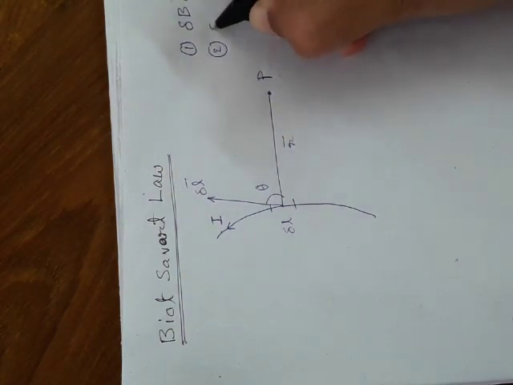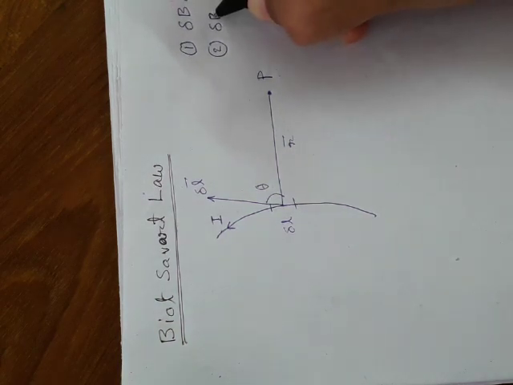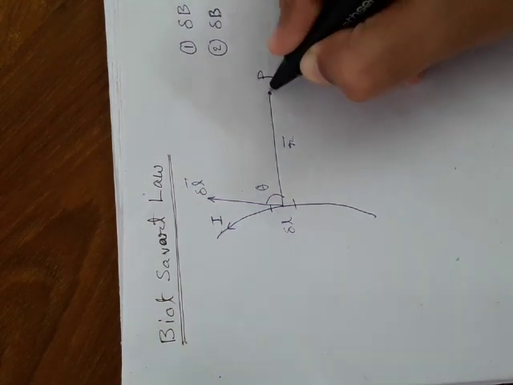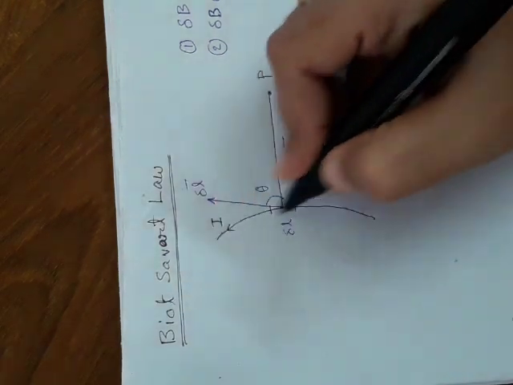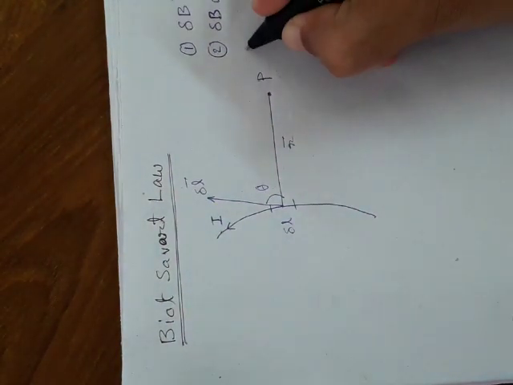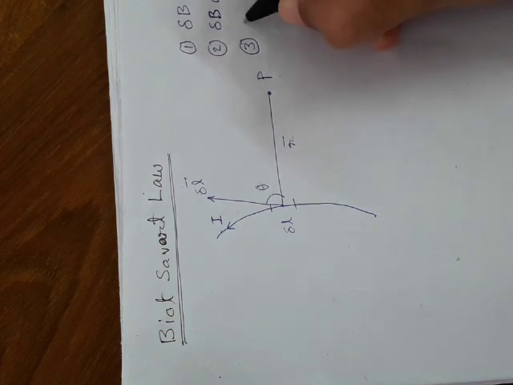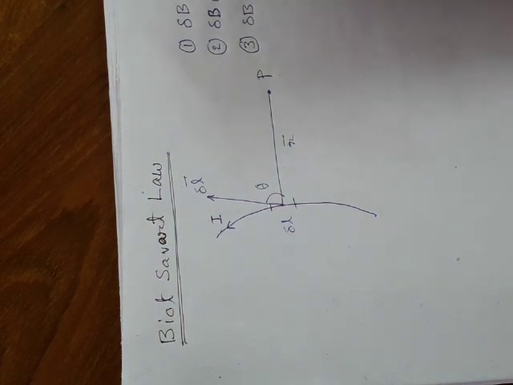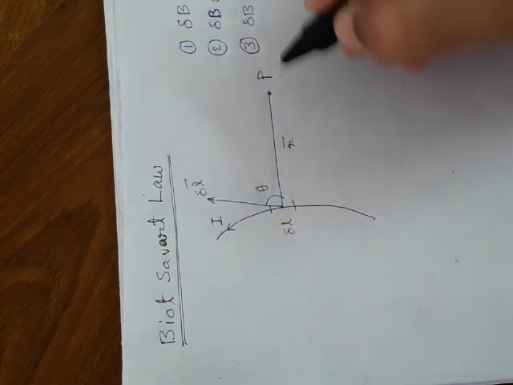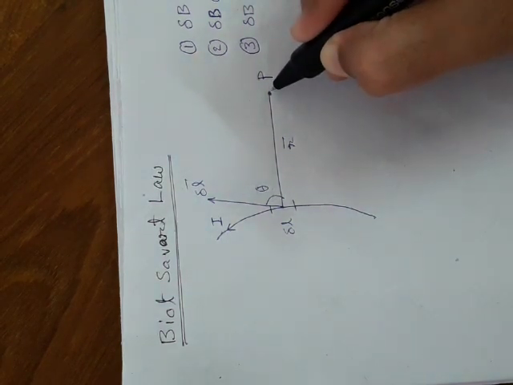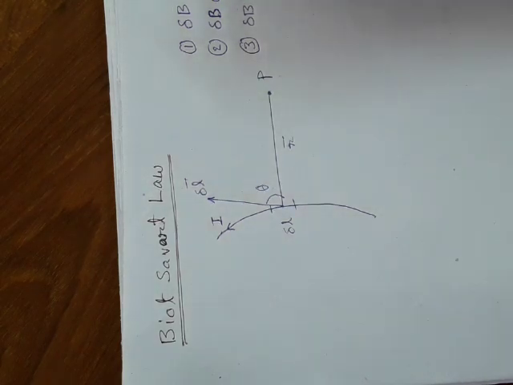Second, delta B is proportional to the current passing through this current carrying conductor, that is I. Third, delta B is inversely proportional to 1 by r square, where r is the distance from this element to this point where we have to calculate the magnetic field.